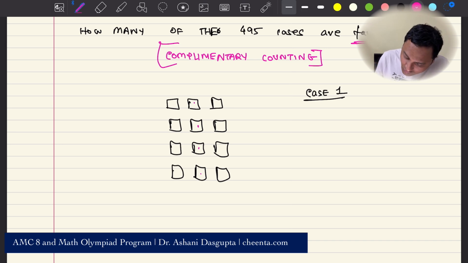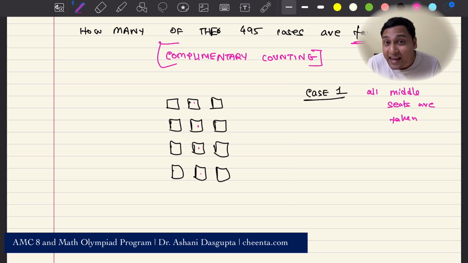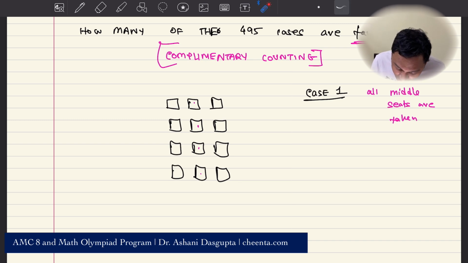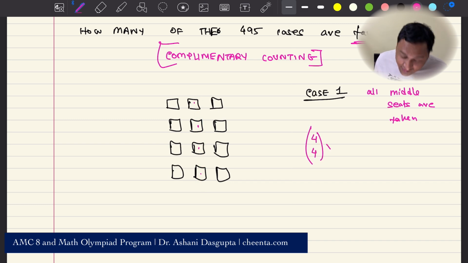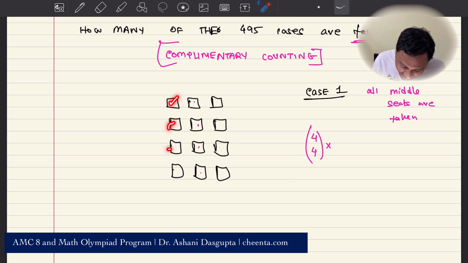So case 1, all middle seats are taken. So then how many ways to select all the middle seats? Well, that's 4 choose 4 times you have to select remaining 4 seats from these 8 seats. So that's times 8 choose 4.